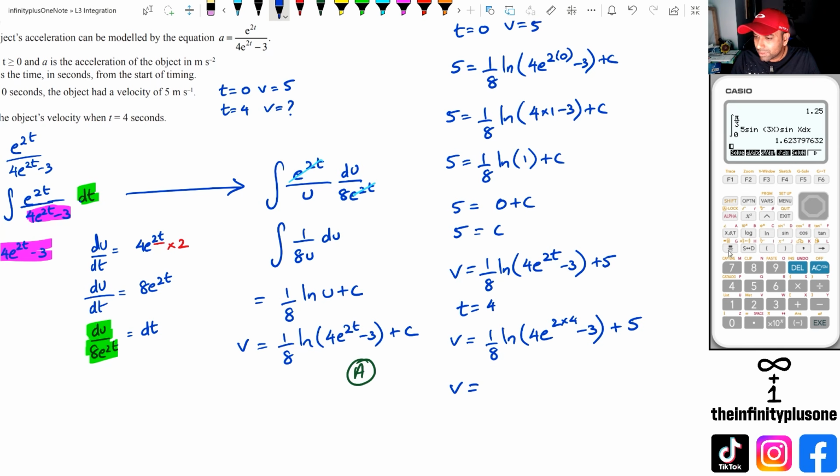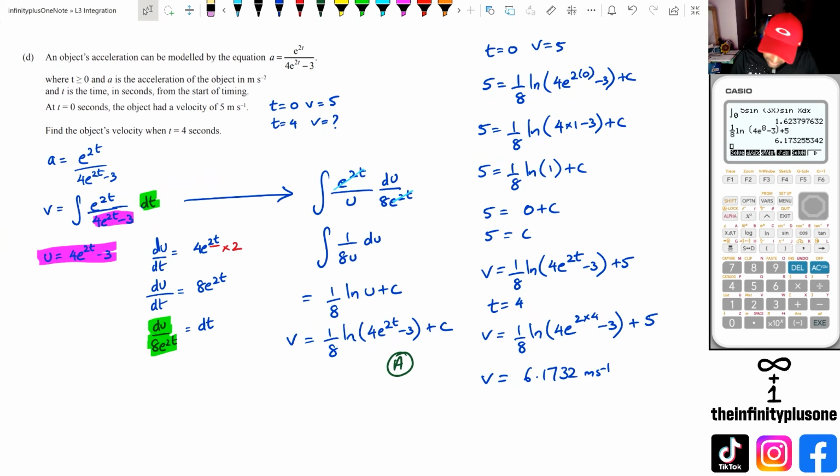So we've got 1 over 8 multiplied by ln of 4 shift e to the power of 8 minus 3 close bracket plus 5. That's going to give us v of 6.1732 meters per second. So this part here is worth a merit for getting the final velocity.